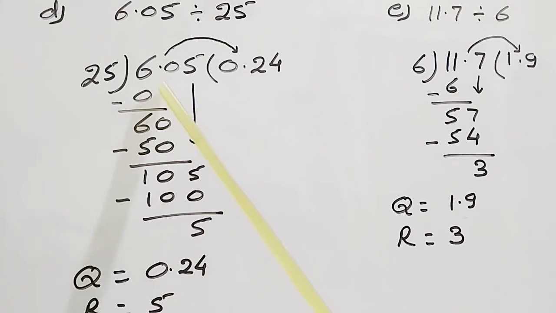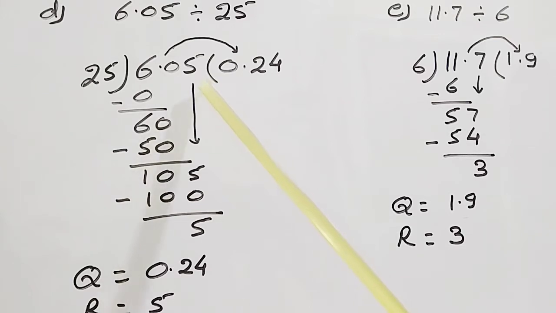To remove this decimal, shift the decimal to the quotient and then write the next digit 0 down. Now the number becomes 60. When 25 is taken 2 times, it gives 50. Subtract 50 from 60. It is 10.